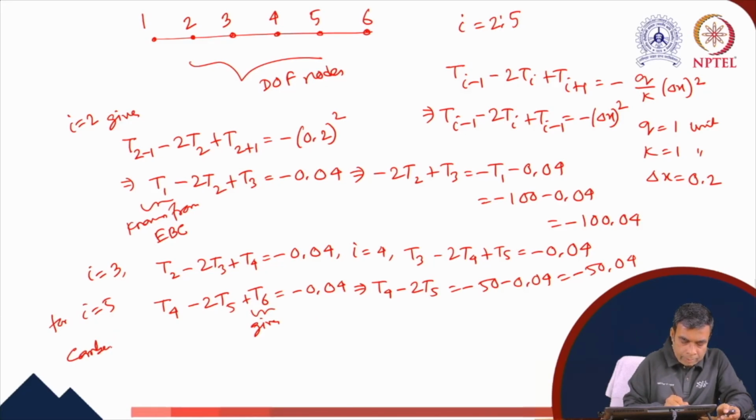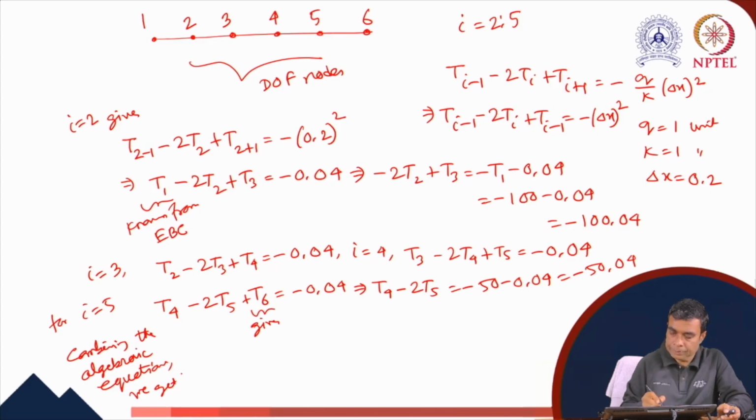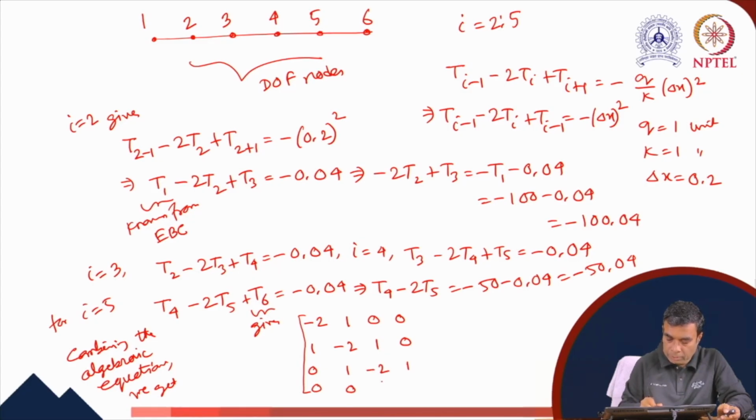Combining the algebraic equations, we get the matrix with rows minus 2, 1, 0, 0; 1, minus 2, 1, 0; 0, 1, minus 2, 1; 0, 0, 1, minus 2.